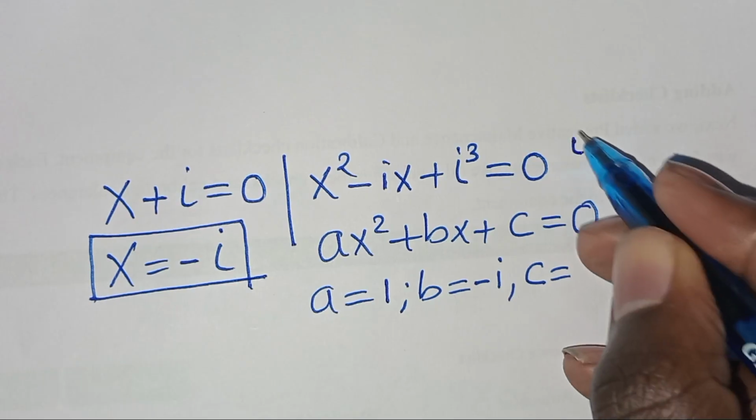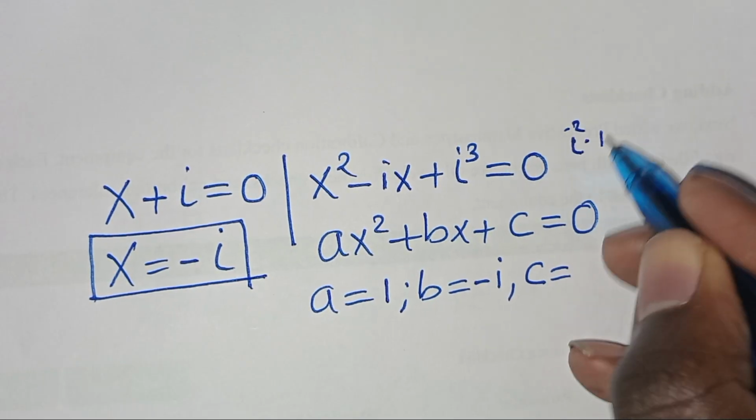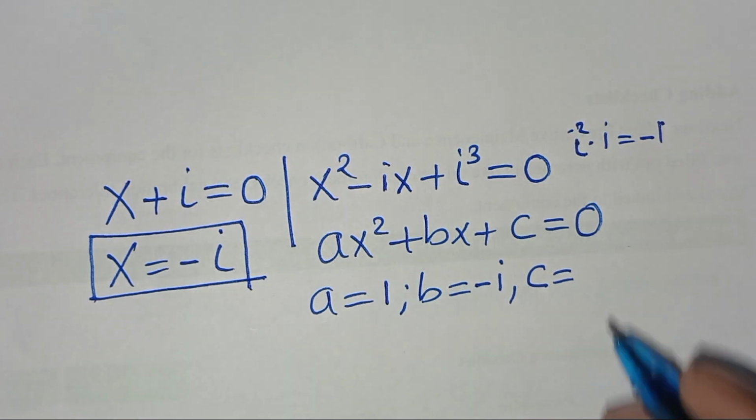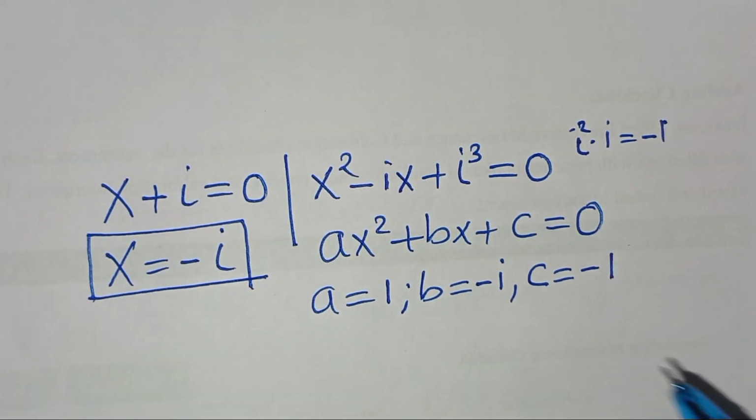Remember, this is i squared times i. So here we have a coefficient of minus 1.